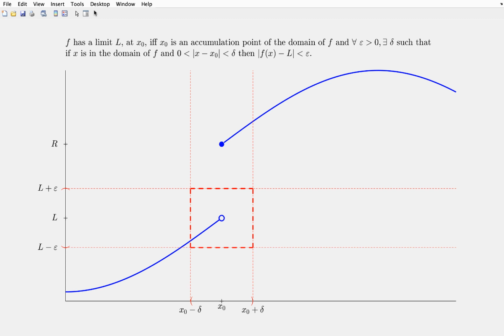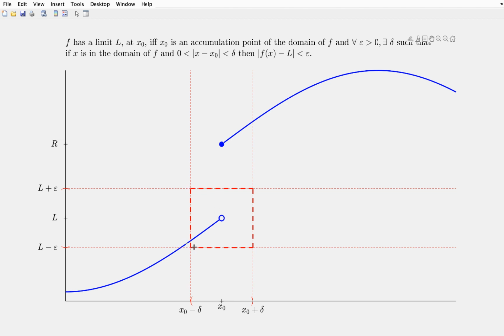Now, hopefully it's clear in this picture that this function does not have a limit of L at x naught. The reason is, for the particular epsilon given, there is no delta that will give me f of x completely within this epsilon delta box. In other words, this f of x over here is further from L than epsilon.